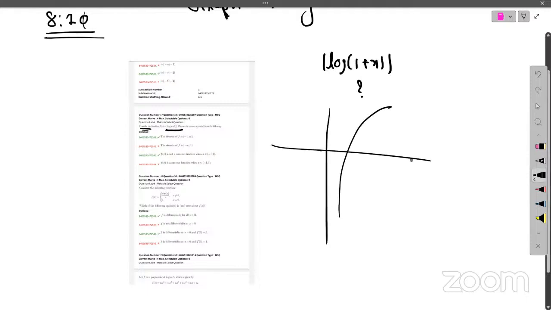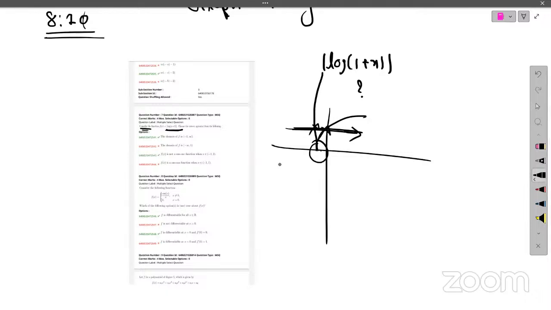See, this is the graph of log. If you shift it one unit toward the left-hand side, then the graph of log of x plus 1 will become this one, right? And if you apply the modulus, it will become something like this. So now at this interval, if you draw any horizontal line, it will intersect at 2 points.